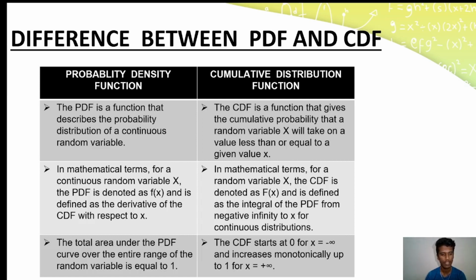The CDF starts at 0 for x equal to minus infinity and increases monotonically up to 1 for x equal to plus infinity, as it covers the full range.